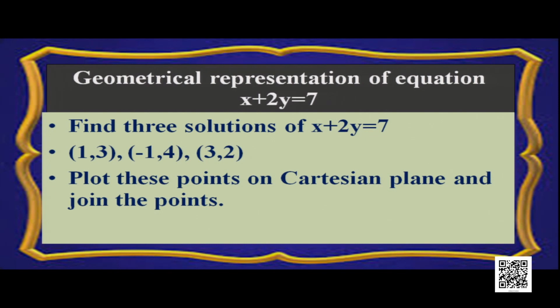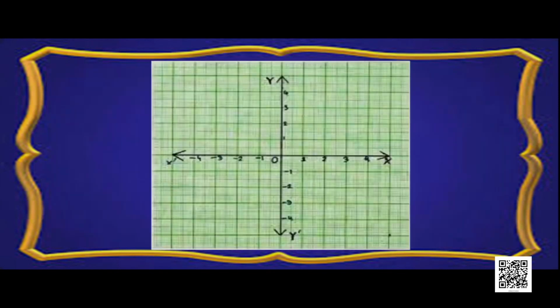Let's have a look at the graph. Here it is a graph paper in which two axes are drawn, and here we have taken 1 centimeter to be one unit distance from the origin. Now have a look at our solutions.